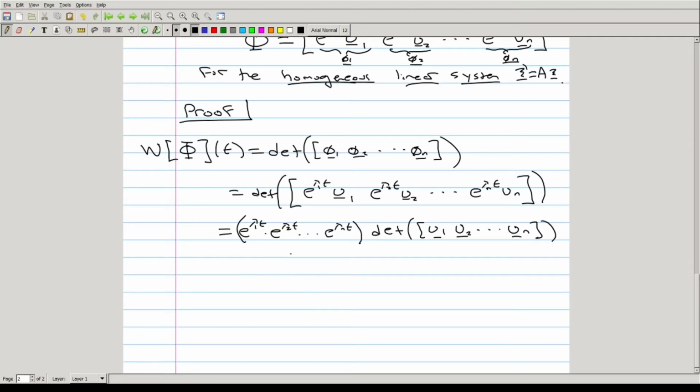And because the u's are all linearly independent, this determinant is non-zero, and we can rewrite this a little bit simpler. This multiplication of exponentials is the same thing as e to the sum of all the eigenvalues times t, times this determinant.